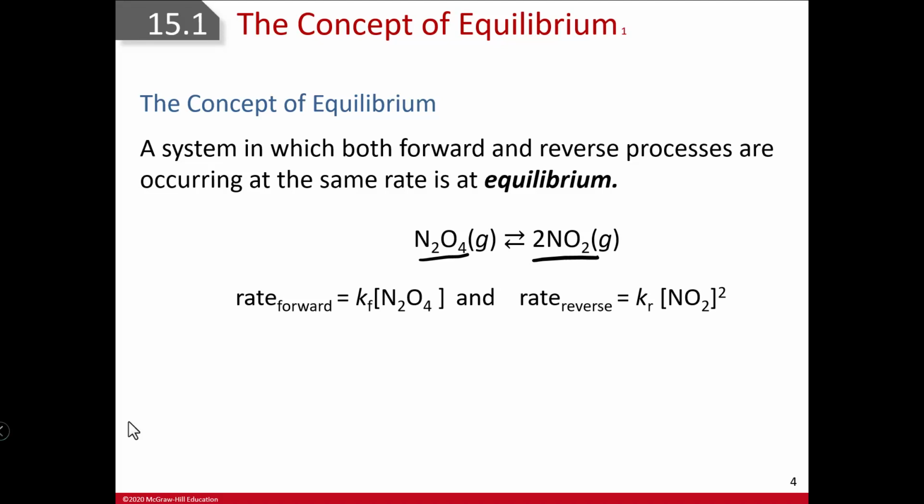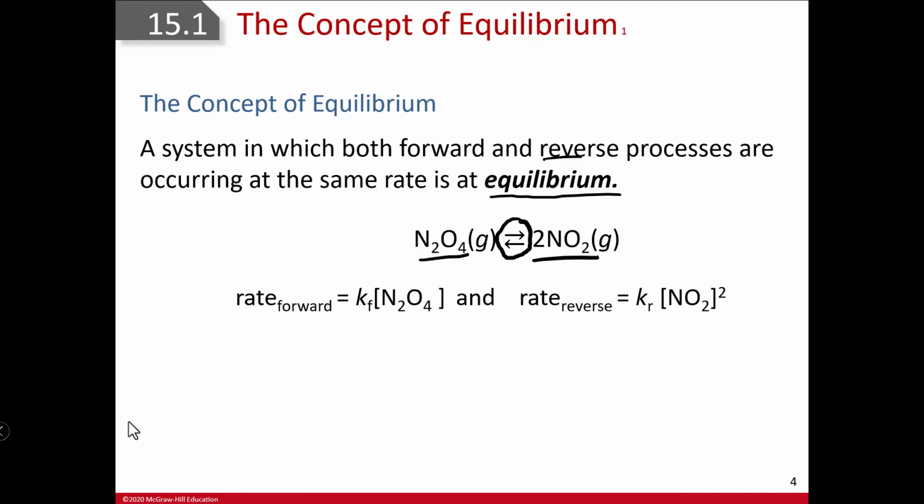Here's what I want you to focus on. When you see the double arrows on the chemical equation, that means this reaction can go in the forward direction or the reverse direction. And so if that process is reversible, then equilibrium can be established.